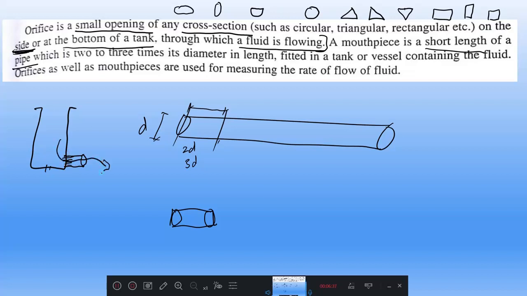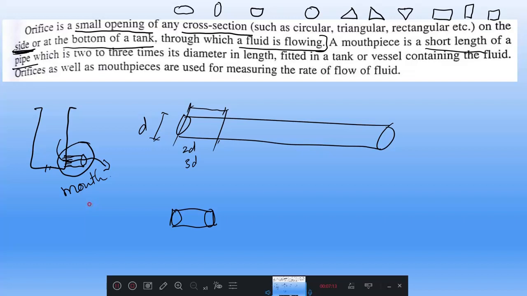Then it becomes a mouthpiece. Understood? It has a little projection compared to orifice. Then mouthpiece is a length of a pipe which is 2 to 3 times its diameter in length, fitted in a tank or vessel containing the fluid. Then orifice as well as mouthpiece are used to measure the rate of flow. And again, the mouthpiece may be on the side or it can be at the bottom. Understood? This is the definition of orifice and mouthpiece.